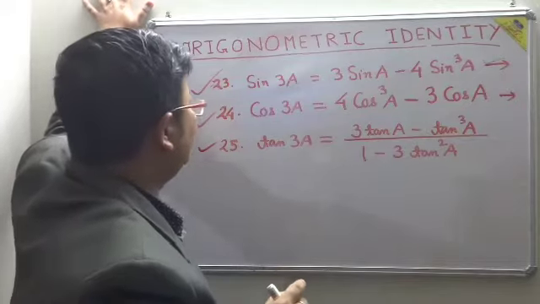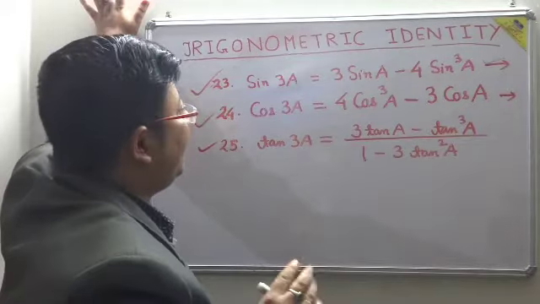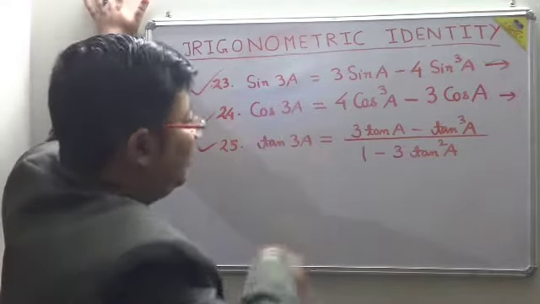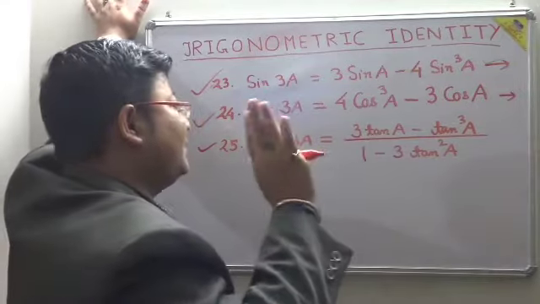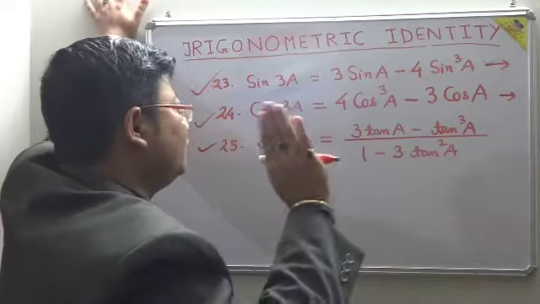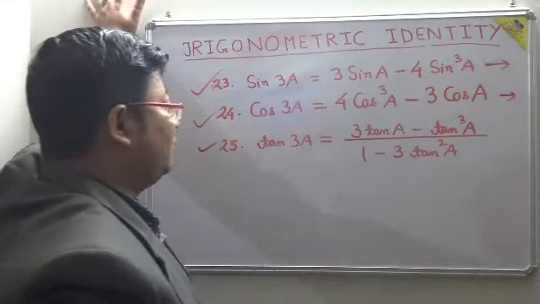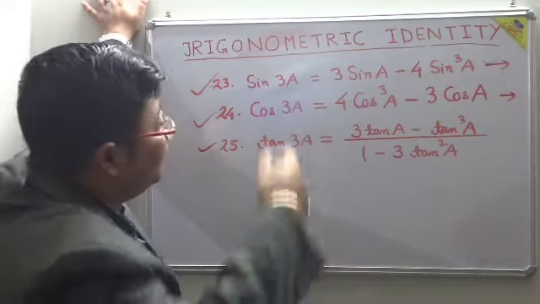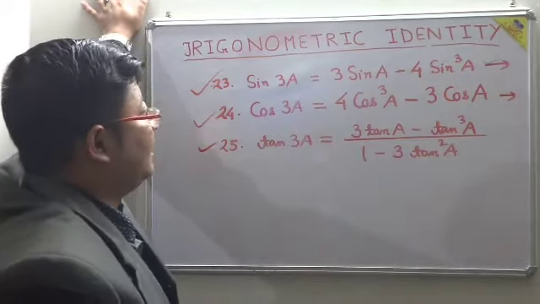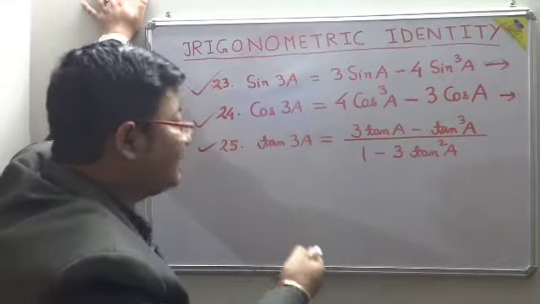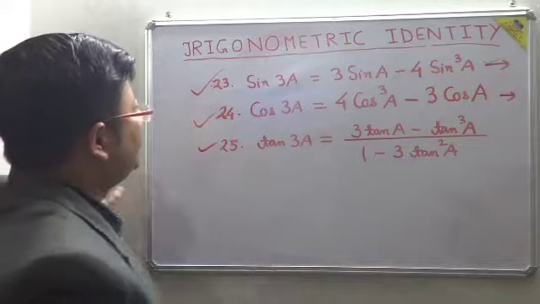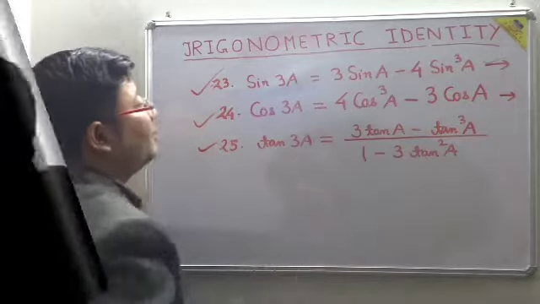Take a piece of paper, write all the formulas, paste it in front of your bed or dining table, or take it in your pocket, and even while playing you can look at it. If you see it daily once, it will be very clear to you. It will be on the tip of your tongue. Just go through all these trigonometric identities.